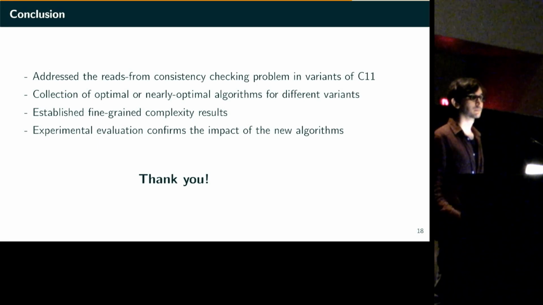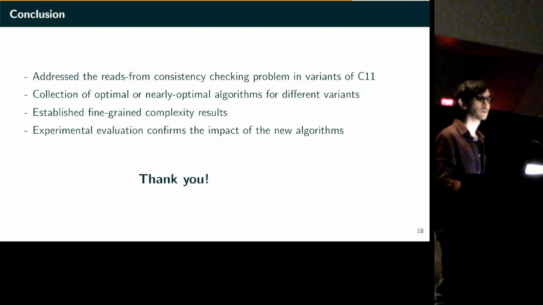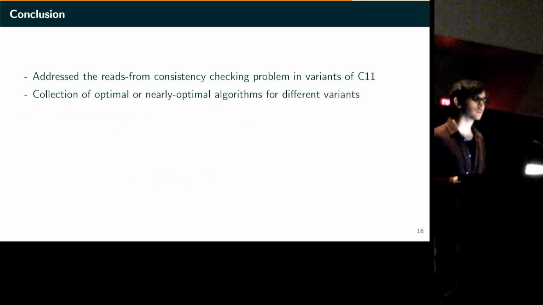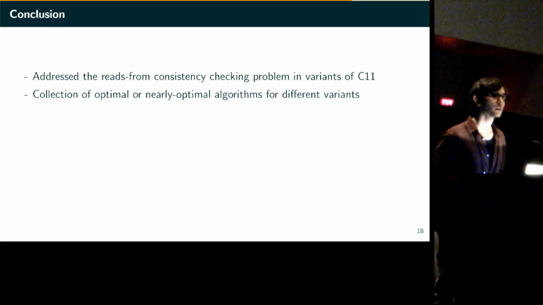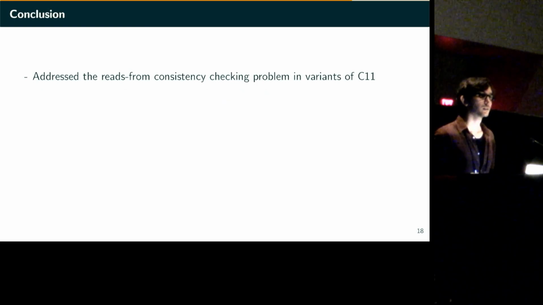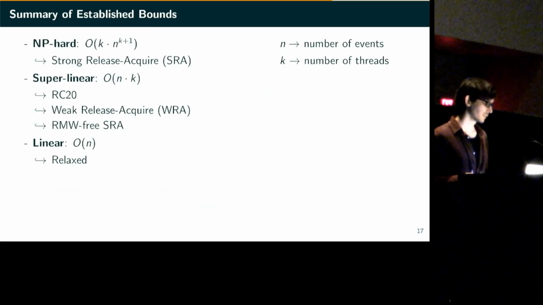I guess I don't need to introduce myself anymore. I presume the letter R at the front stands for the requirement that PO union RF is acyclic. Is that correct? Can you repeat the question again, sorry? That when you write RC20, the R means PO union RF is acyclic. RC20 is like a repaired C11.